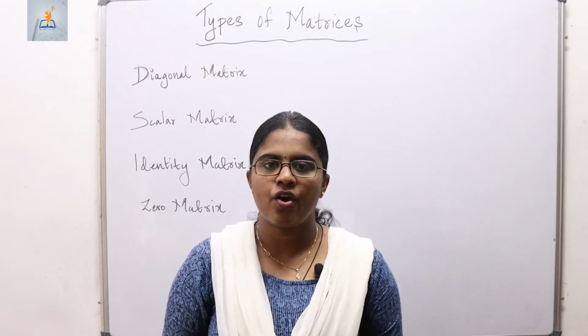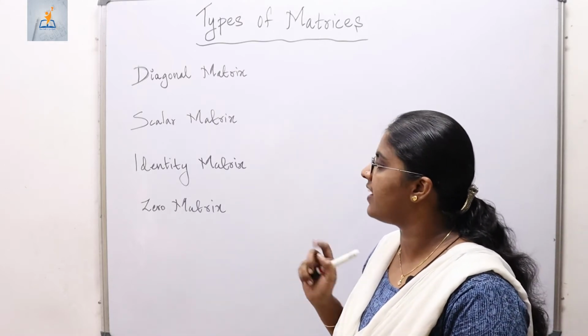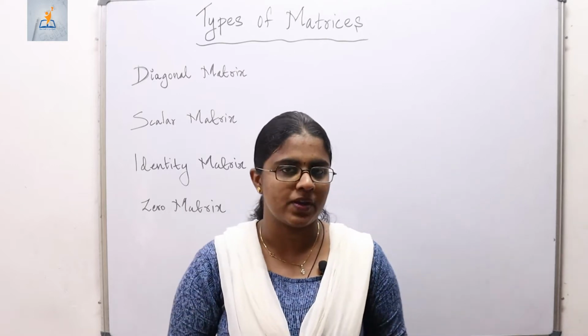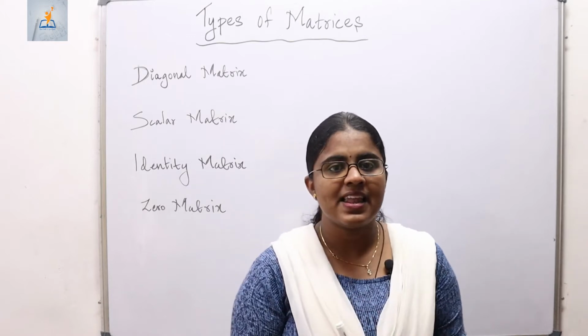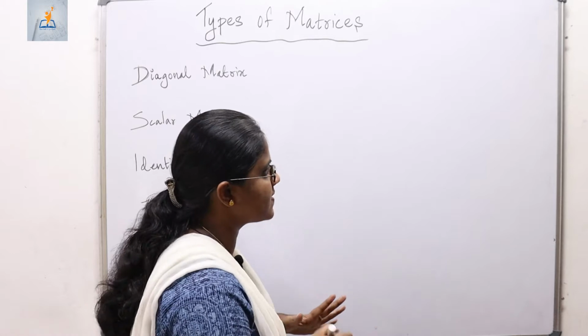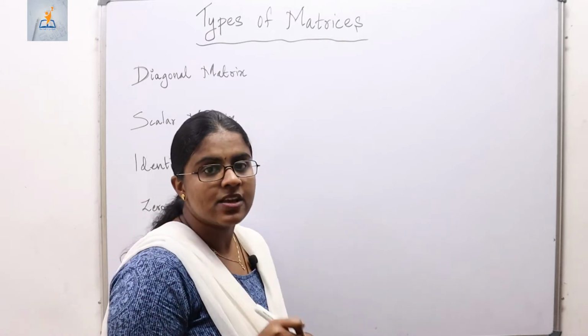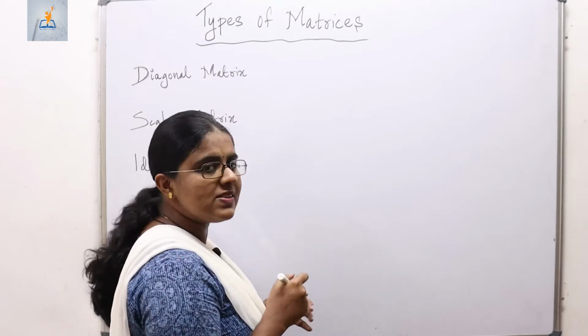So now we are going to learn what is a diagonal matrix, scalar matrix, identity matrix and zero matrix. Before going to know what is a diagonal matrix, let's see what are the diagonal elements of a matrix. Always remember that square matrices have diagonal elements. What is a square matrix?